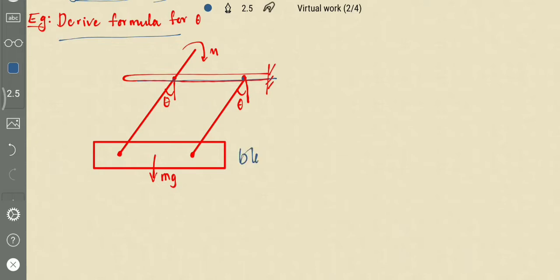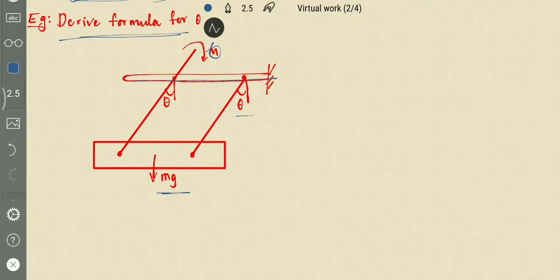This is a block. It has weight mg and a moment is applied here. The angle made by these links with the vertical is theta, and we are asked to find the formula for theta.